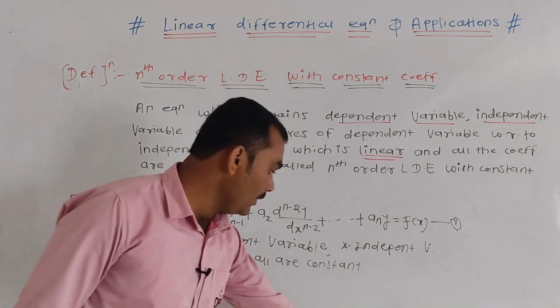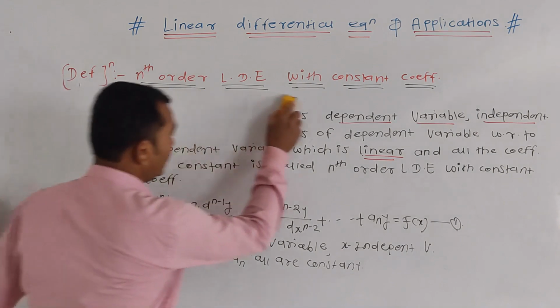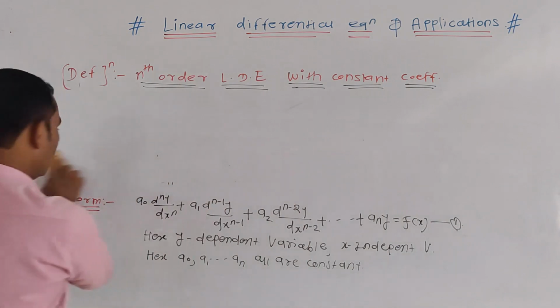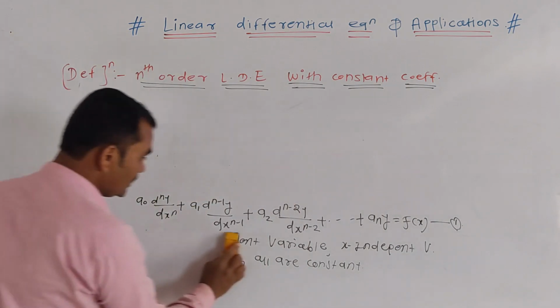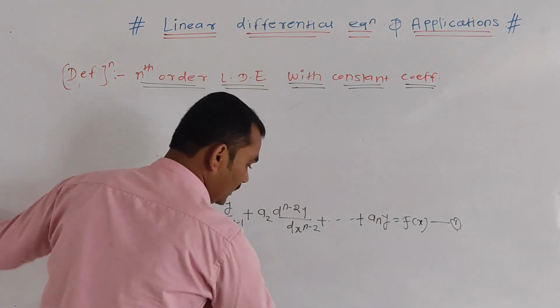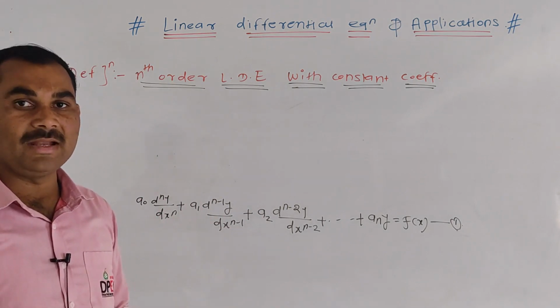Now we have to simplify this equation. In equation first, put the differentiable operator. In equation first, this is your equation first, put the differentiable operator capital D as d by dx.